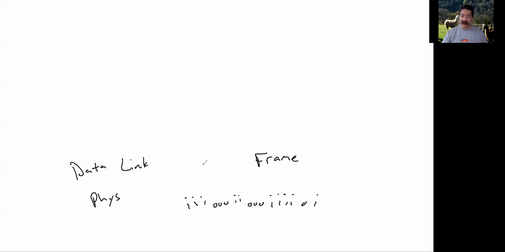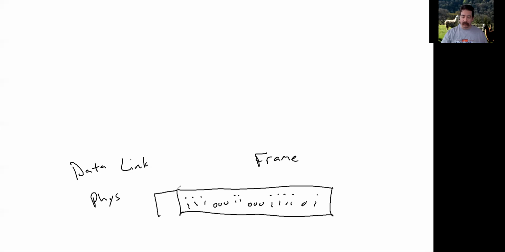When we move up to the data link layer, we create a frame. What we do is we take that data and we perform an action called encapsulation. We encapsulate the data by adding some fields, some extra data to it. So at the front, we're going to put the source MAC address and the destination MAC address. And on the back, we're going to put the cyclical redundancy check.